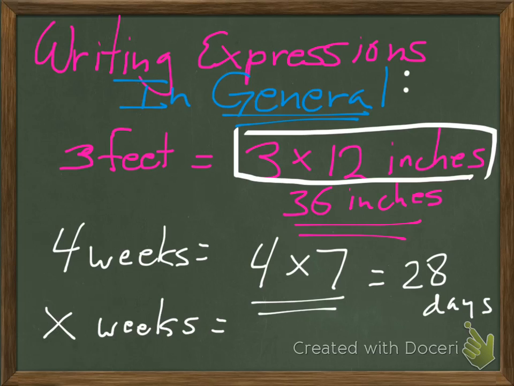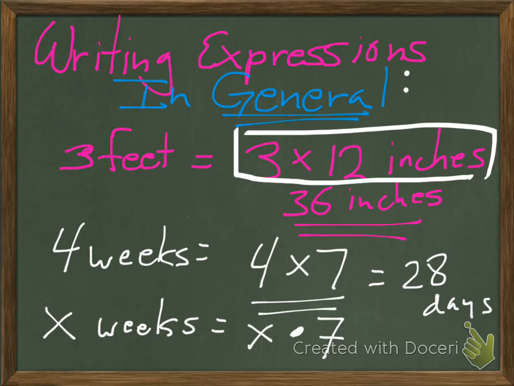When there were 4 weeks, we took 4, the number of weeks, and we multiplied by 7. So in this case we are going to take x weeks, and again, we don't want to use that times sign because we're dealing with a variable here. So let's go ahead and use the dot. How many days are there in x weeks? Well, there's x times 7.